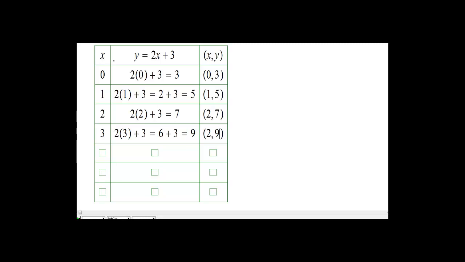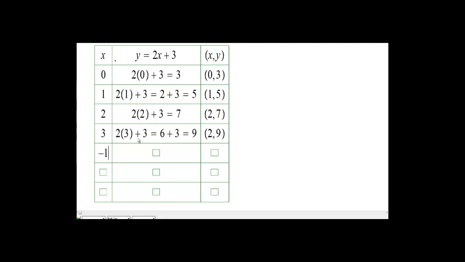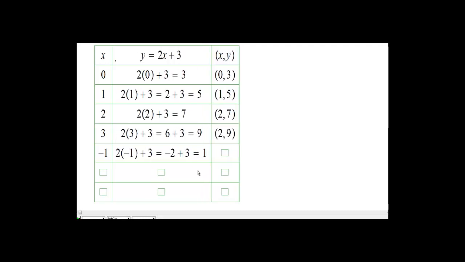And then let's go with some negative values as well. Okay, so take x equals negative 1. So here we got negative 1. That will give me negative 2 plus 3 equals 1. So 1 is our coordinates of another point.